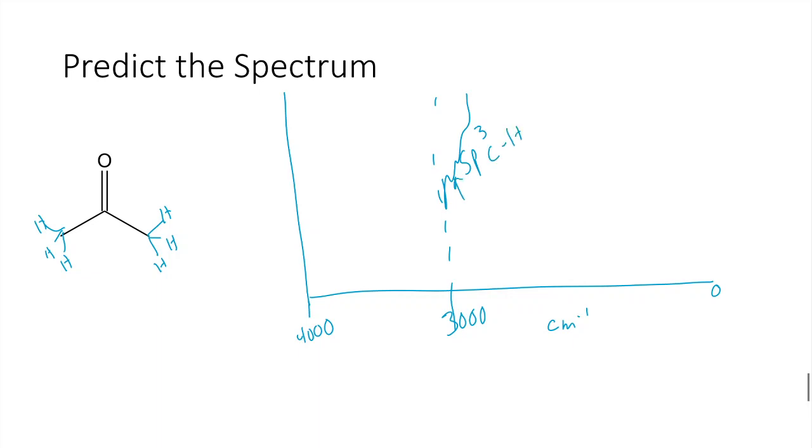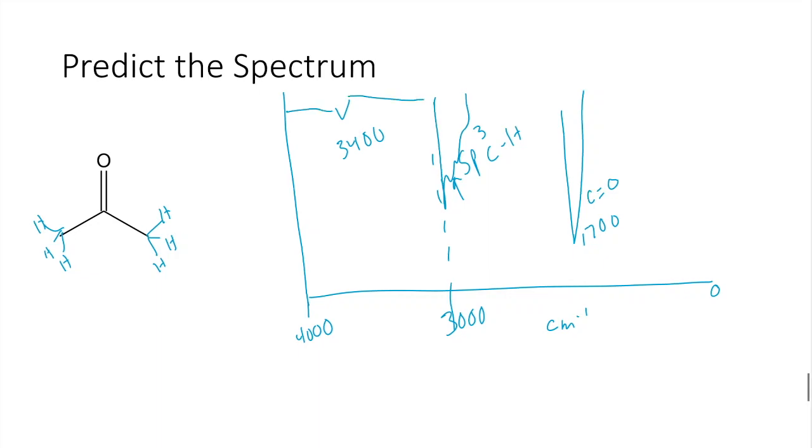At 1700 we're going to have our carbon-oxygen double bond, and probably a small overtone at 3400. And everything else is pretty much due to the fingerprint region.